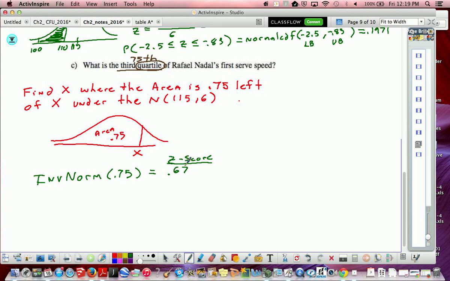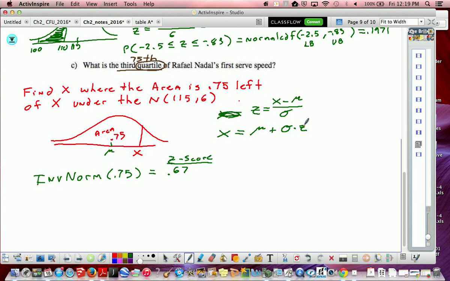So I want X. So again, if I'm using this formula, z is equal to my score minus the mean divided by the standard deviation. If you solve for X, since this is your mean, you're basically going to take your mean and add however many standard deviations you are away times that z-score.